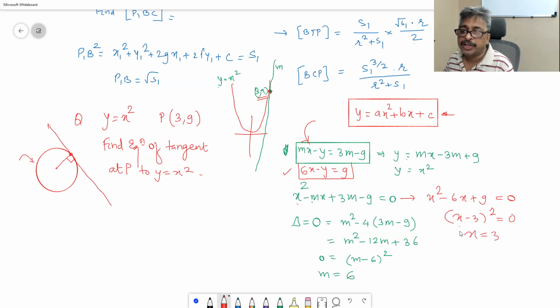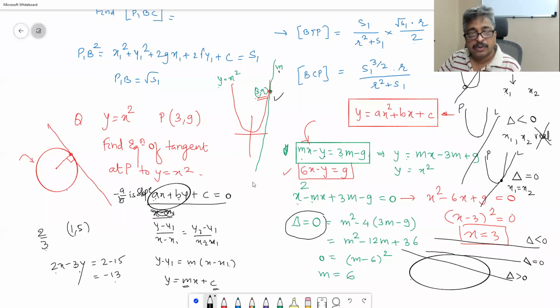Therefore x is equal to 3. So x is equal to 3 is the point where coincident tangents are supposed to be found, which we are actually taking from here only, and hence we got it. I am aware I am doing it a little fast, but it is easy. Okay.